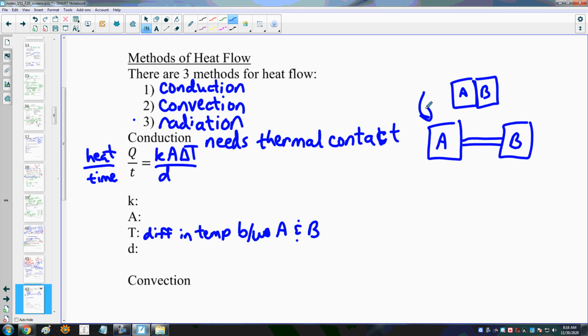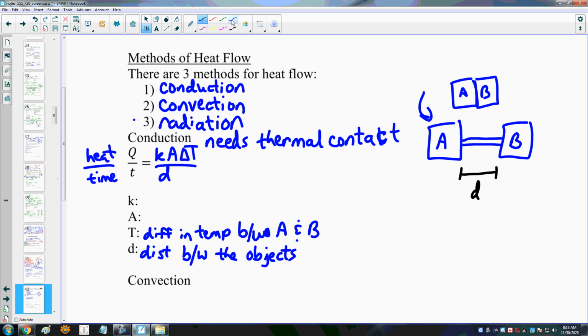D is the distance between the two objects. So I'm referring then to this distance. So I have some material that is putting these two objects within thermal contact.